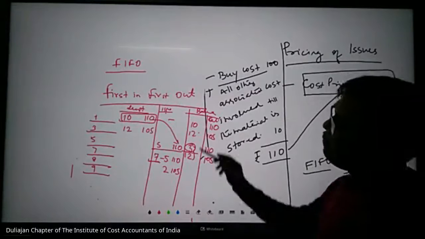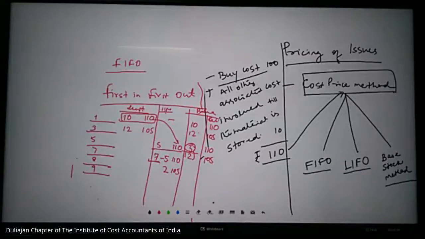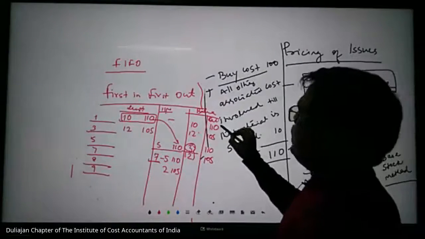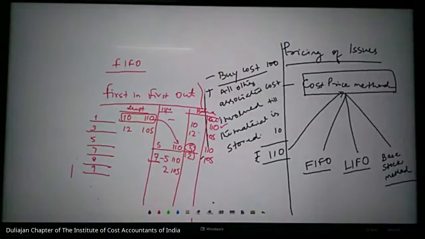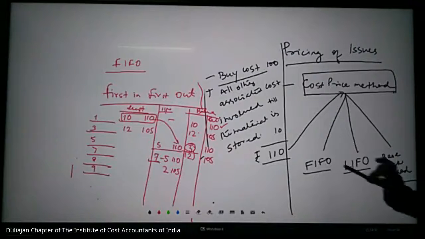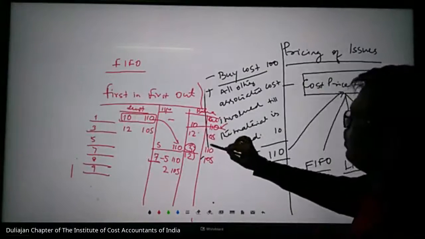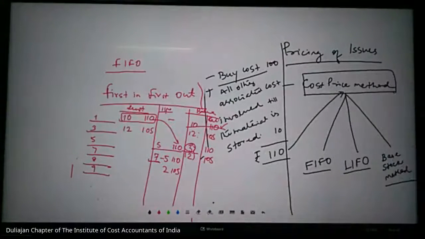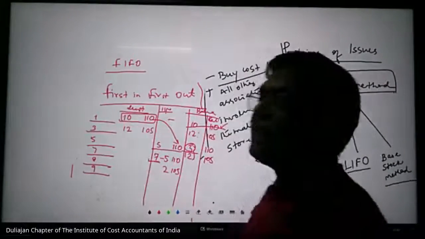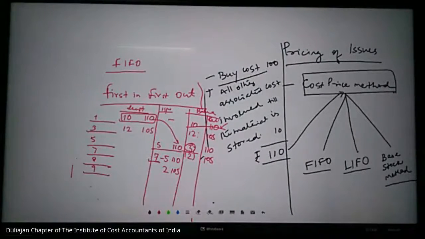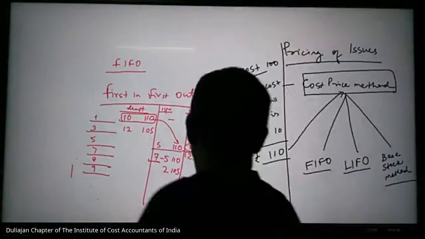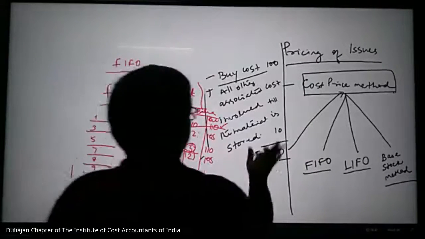This is very simple to understand. You just remember we have to charge at the rate at which it was purchased first. Once that is adjusted, we will go to the next lot. Once this is adjusted, we will see if any receipt is there or not. This is the concept of the FIFO method.